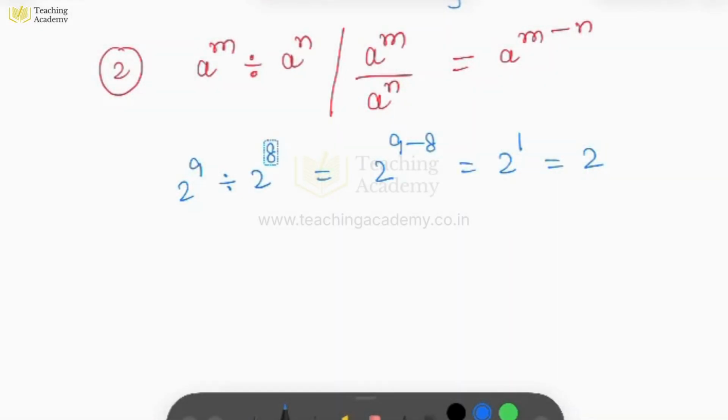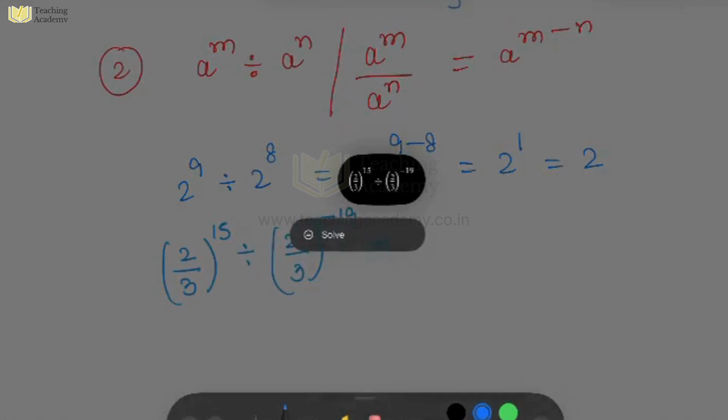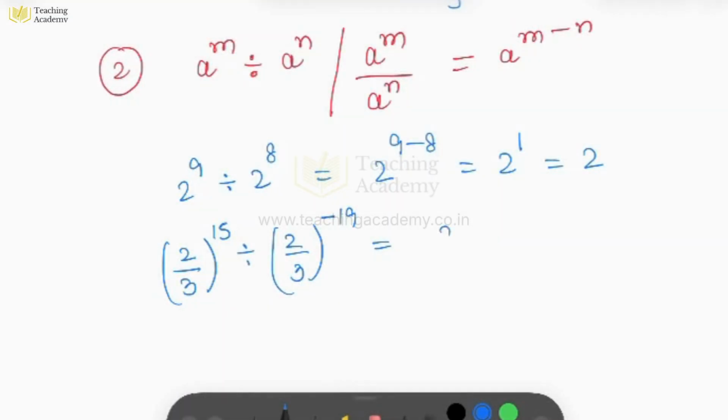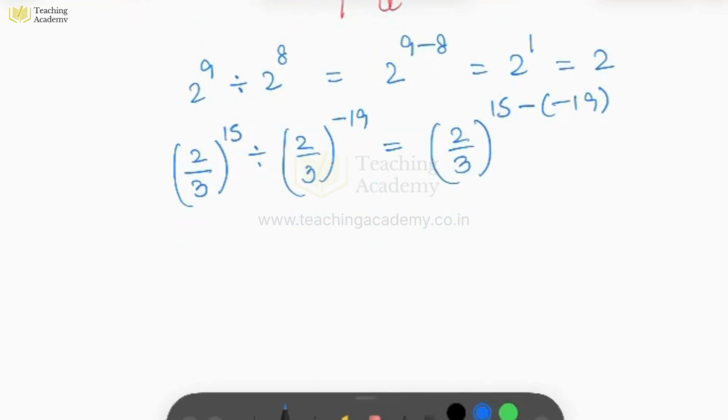Okay, let's take one more example. If I'm writing 2 over 3 to the power 15 divided by 2 over 3 to the power negative 19, then we are going to solve it. So it's 2 over 3 to the power 15 minus negative 19. Because here the indices are 15 and negative 19.